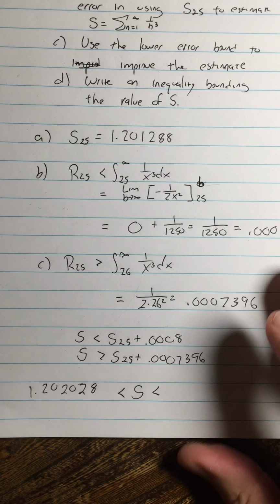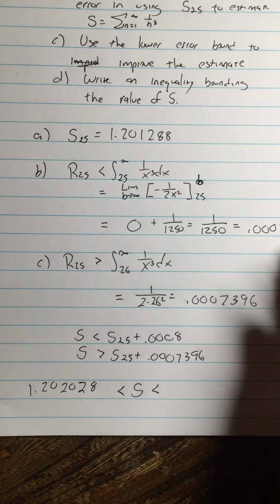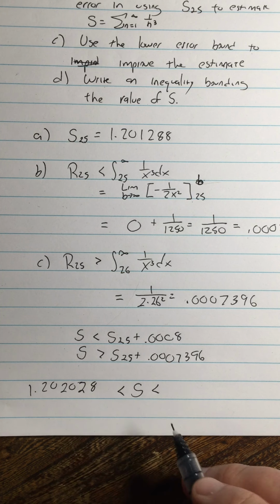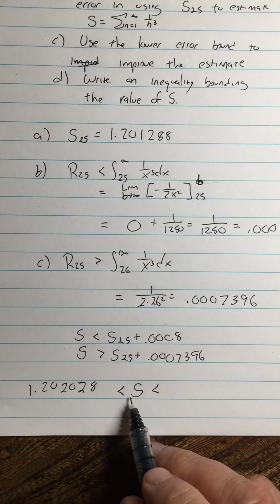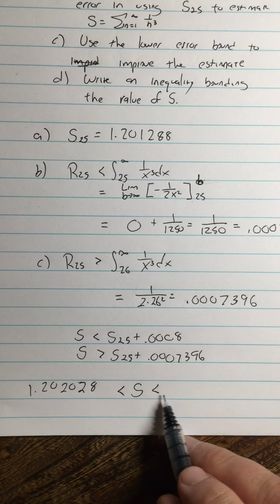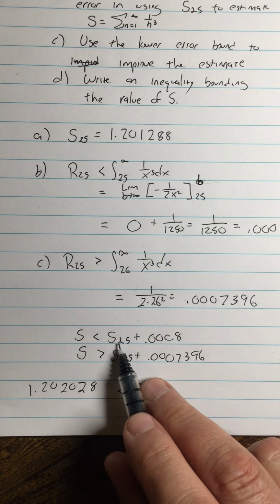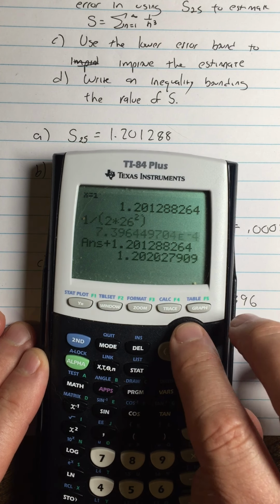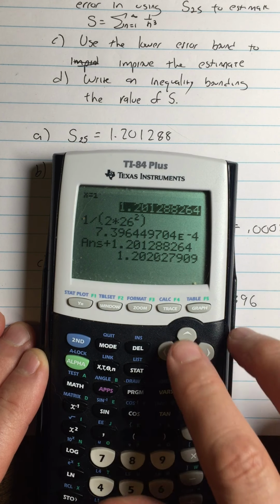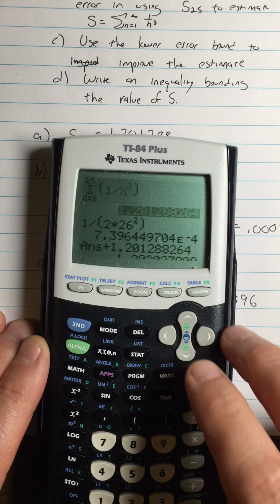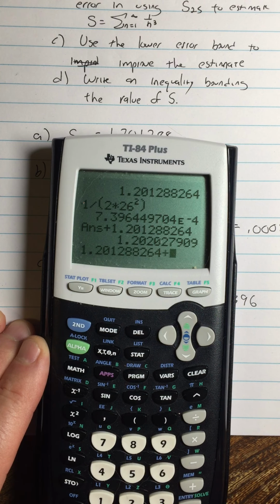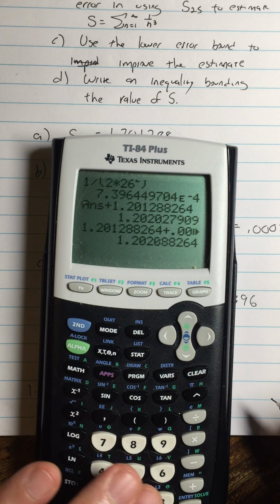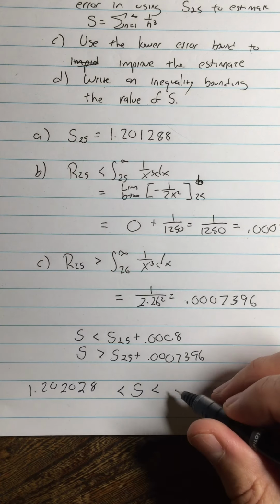I'm using a lot of decimal places because we actually have a good deal of accuracy. That's the least S can be. The most S can be is S25 plus the 0.0008. So I take my sum from 1 to 25 and add 0.0008, and I get 1.202088.